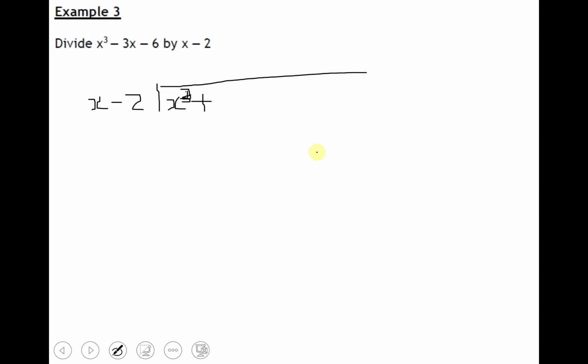But what we need is an x squared column, so we put in 0x squared, then the minus 3x minus 6. It is possible to do it without the x squared column, as long as you're careful, but by putting in the 0x squared, you're less likely to make errors.